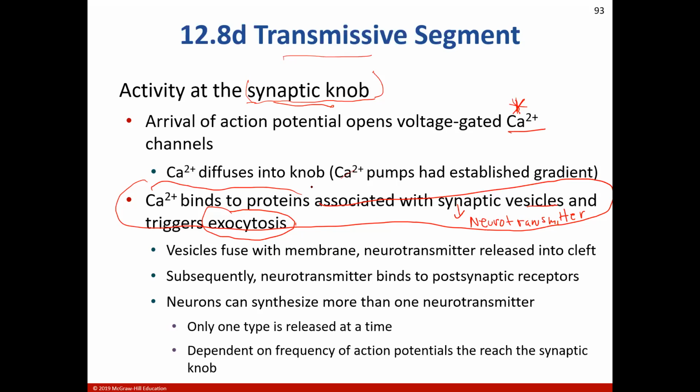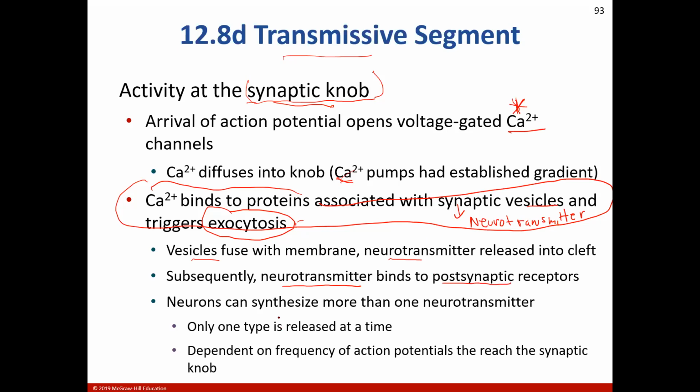So when the calcium gets into the presynaptic synaptic knob, is the best way to say it, or synaptic terminal or axon terminal, the vesicles will fuse to the membrane, and the neurotransmitter is released through exocytosis. And then the neurotransmitter can bind to its specific receptor on the postsynaptic membrane, the next neuron.